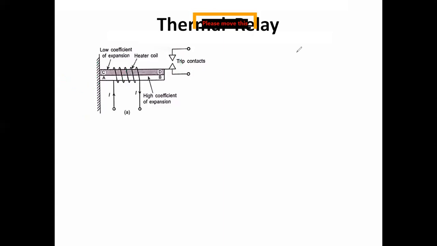Next you have to know how it will operate. In normal condition, when normal rated current flows through this coil, everything is okay, nothing will happen.